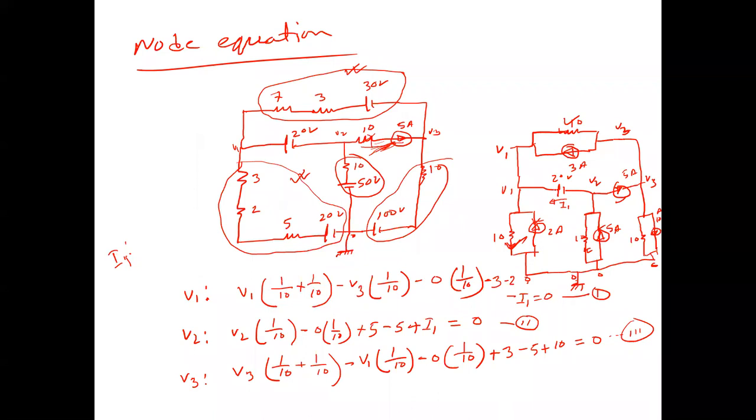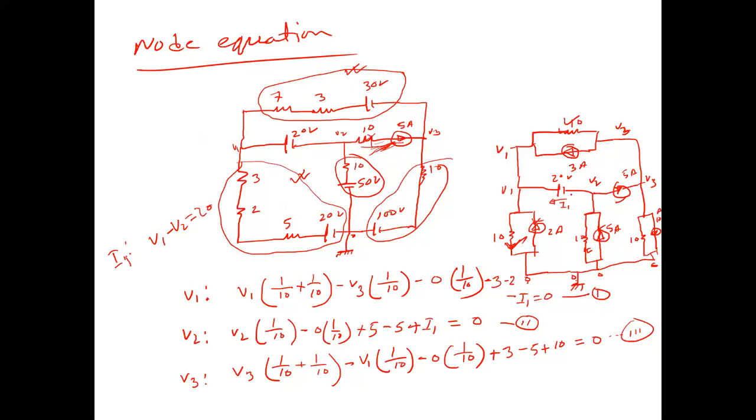So this is the positive portion, voltage V1, and negative portion, voltage V2. So now this portion V1 minus V2 is equal to 20.